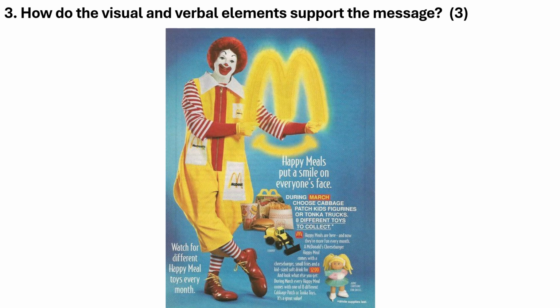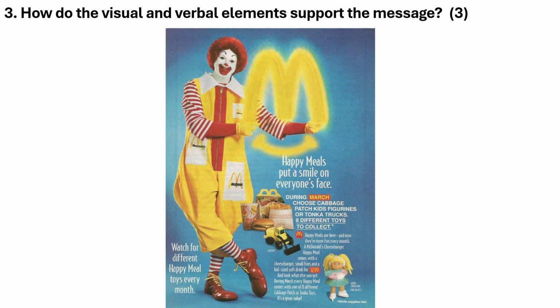And here goes for a model answer. The message of the advertisement is that if the reader buys a Happy Meal, they will be happy. That's 1 mark. This is supported by the headline of the advertisement. Happy Meals put a smile on everyone's face. That's 1 mark. And you could have referred to loads of other evidence as well. I've just given that particular one.